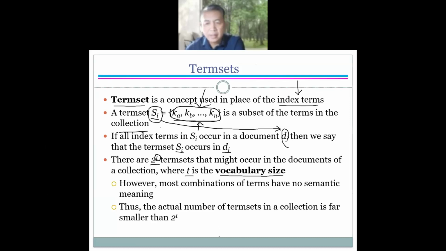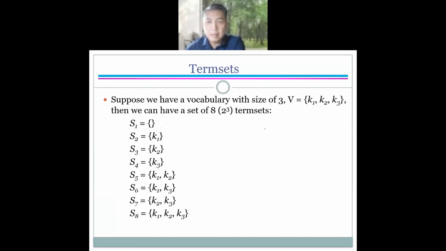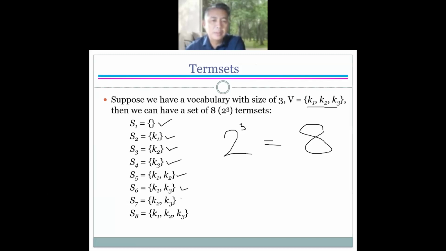For example, if you have keywords K1, K2, K3, the number of term sets will be 8, because we have 3 unique keywords. You could have the empty set, individual terms, combinations of two terms, and lastly a combination of 3 terms. So altogether we have 8.